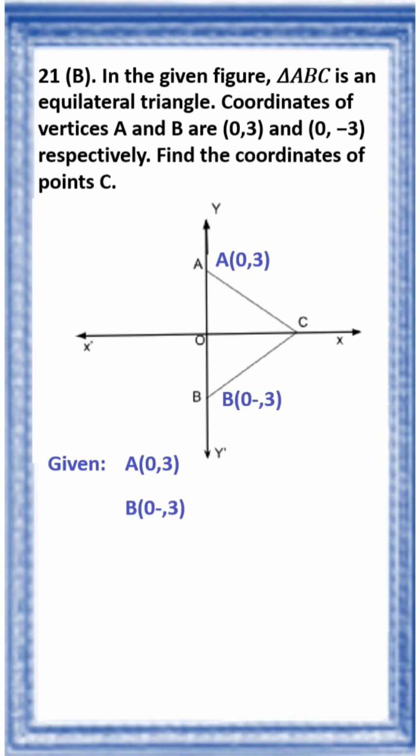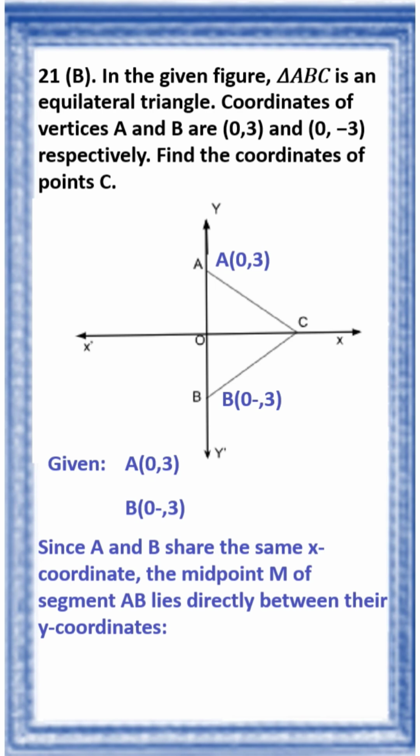Here we can observe that both A and B share the same x coordinate, that is 0. So the midpoint of AB lies in between the y coordinates. Since A and B share the same x coordinate, midpoint O of the line segment AB lies directly between their y coordinates. How can we calculate the midpoint? We can directly say the coordinate of O is 0, 0 here.